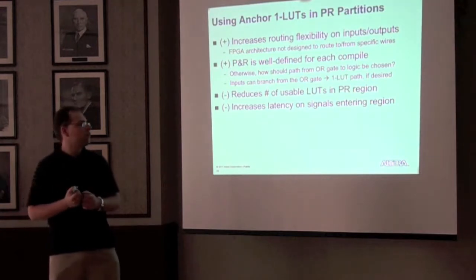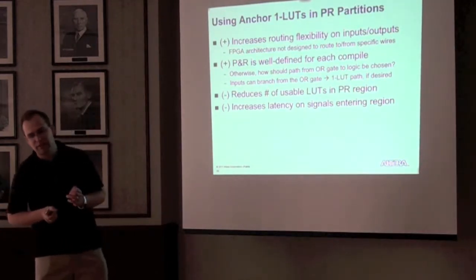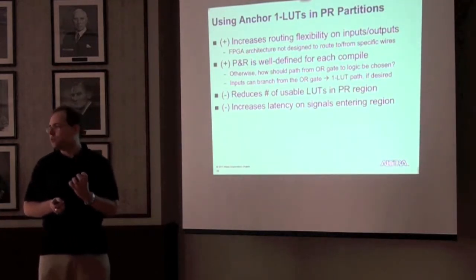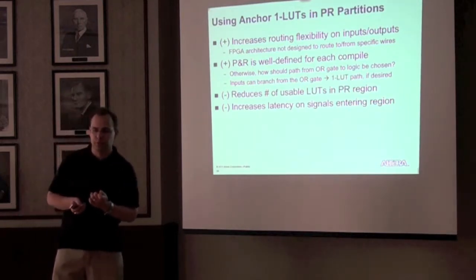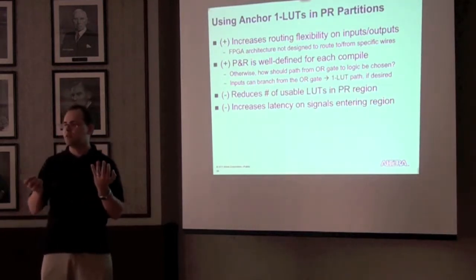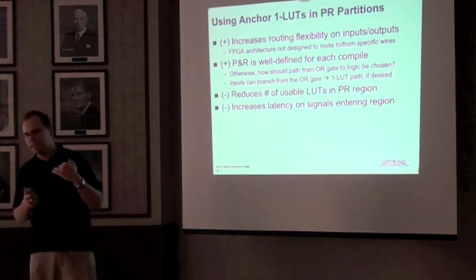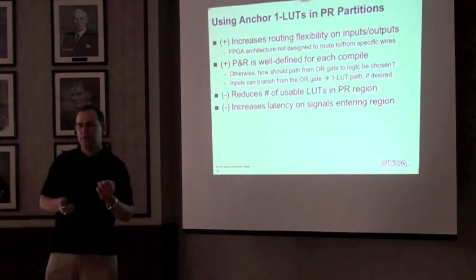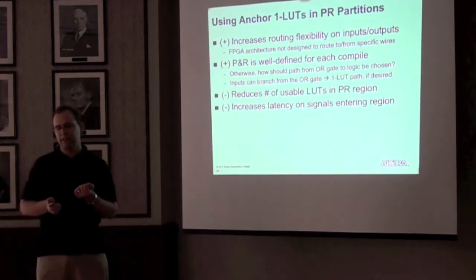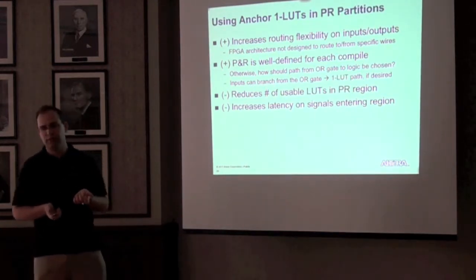So this is obviously one of the biggest decisions to make when doing software support: whether to do the anchor LUTs. And pretty much right off the bat, there are some obvious pros and cons, and I just wanted to run through them. So first of all, the use of an anchor LUT increases the routing flexibility on inputs and outputs.